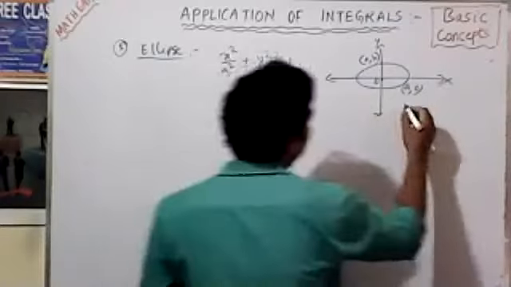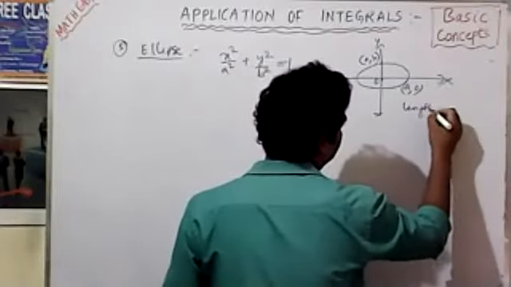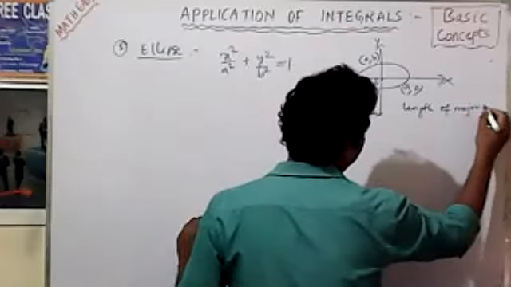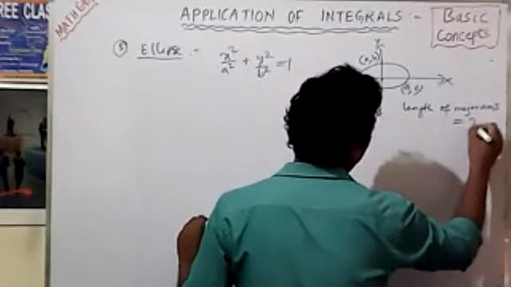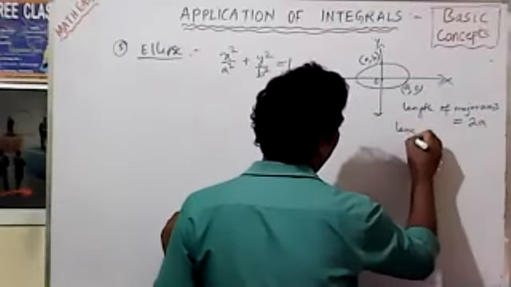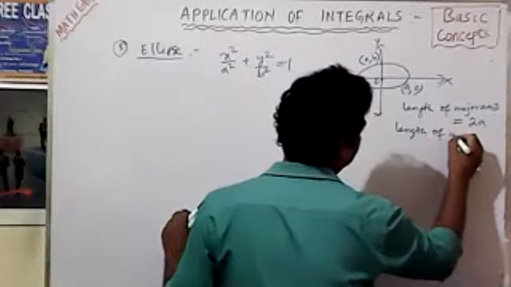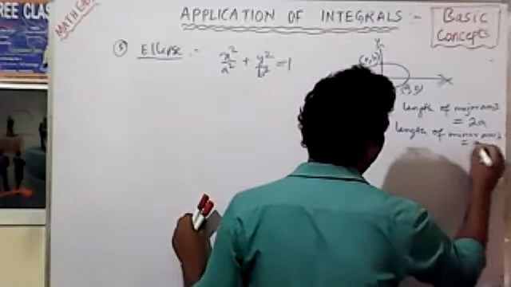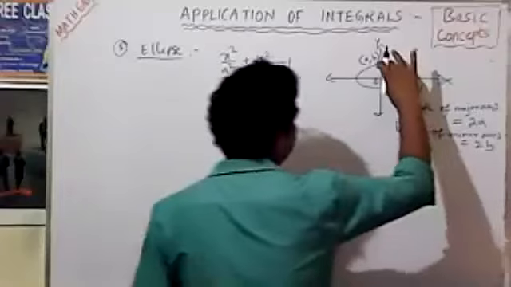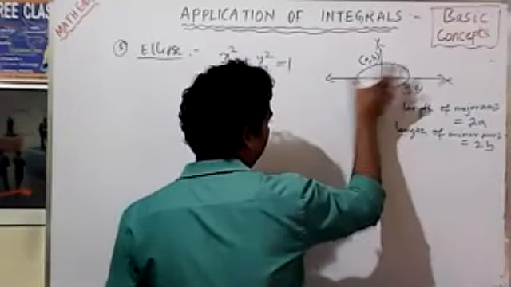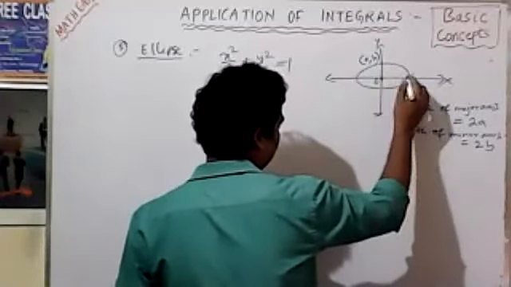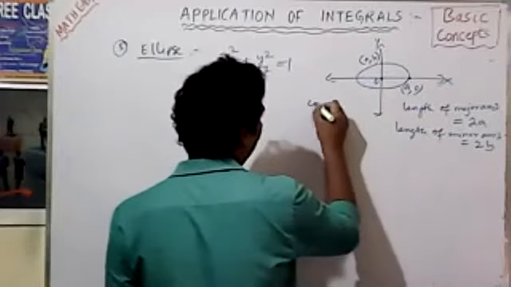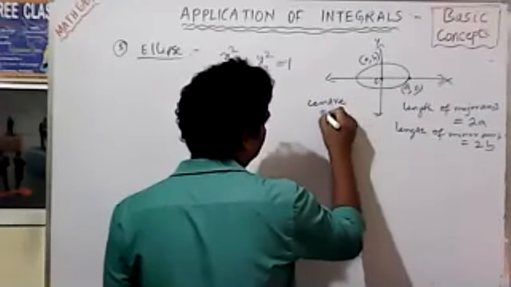Here the length of the major axis is equal to 2a, and the length of the minor axis is equal to 2b. This is the minor, this is the major, this is the center, this is the vertex. So here the center is at the origin.